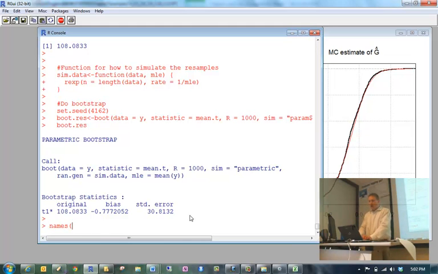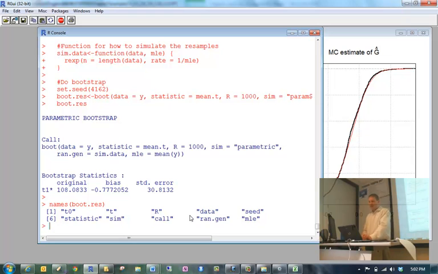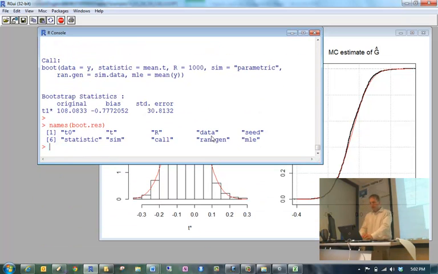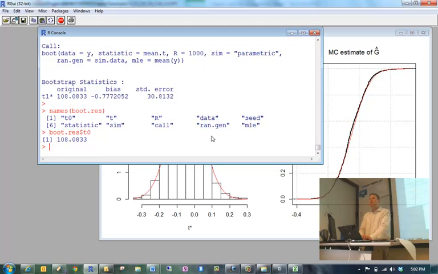Remember, you can also do names of boot.res to see further what's inside of it, because boot.res actually is a list. You see a variety of things listed there. In particular, boot.res$t0 is the initial t.